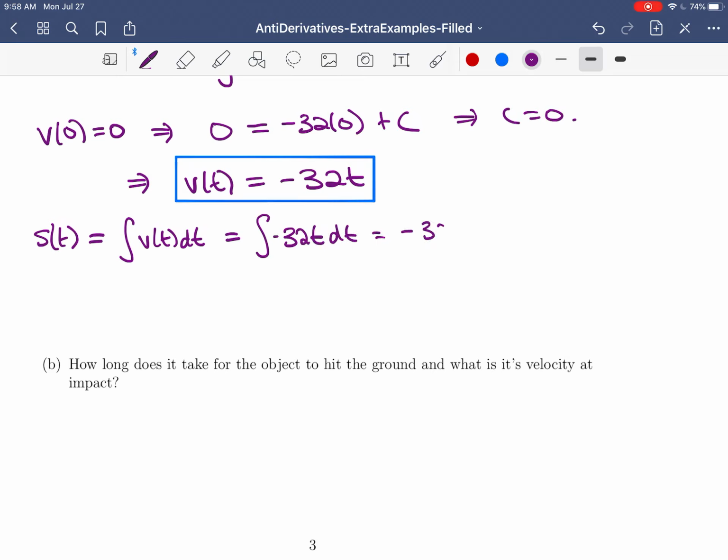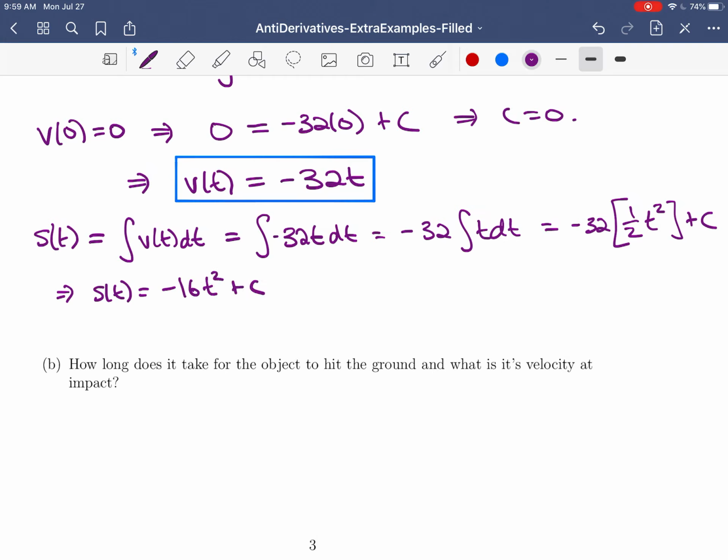I can pull out the negative 32, so it's t dt. And I know that this is going to come from a t squared, and I need a 1/2 there, and then plus my constant. So that means that s of t is going to be negative 16t squared plus c.